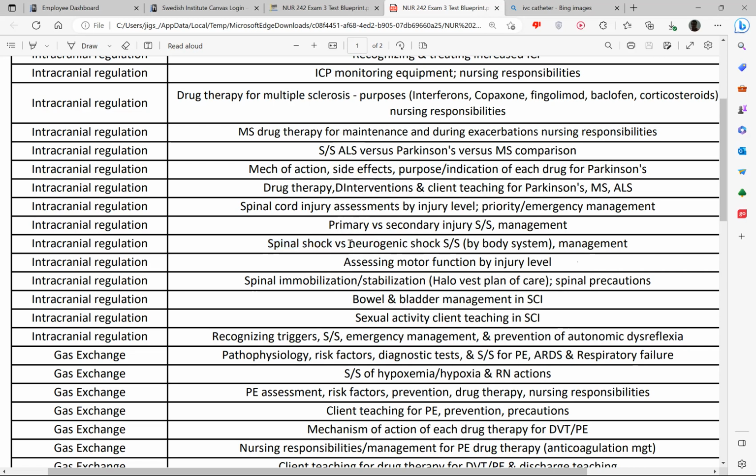What happens to heart rate in neurogenic shock? Bradycardia. Belinda, you had a question? Well, we were having a debate about this yesterday. In the book, it does say something about blood pressure for spinal shock. Did it say the patient's blood pressure will drop below 90?